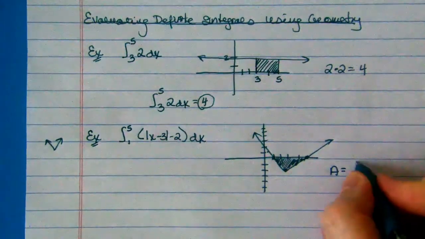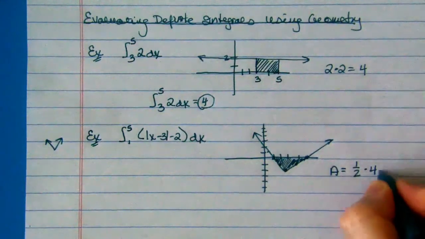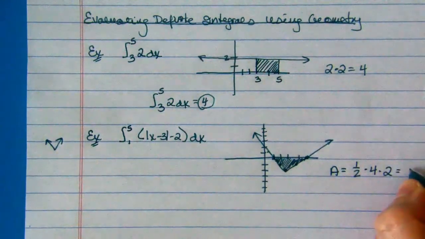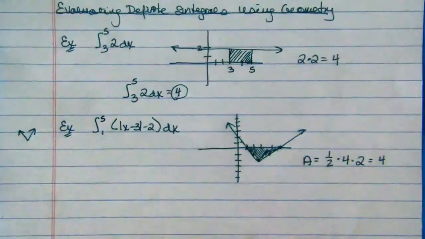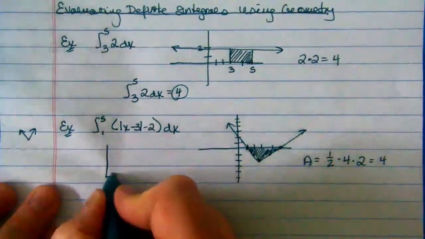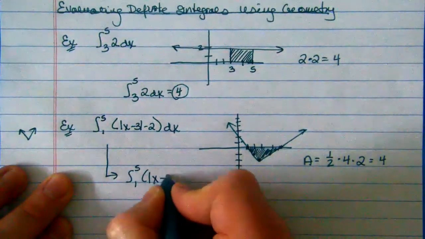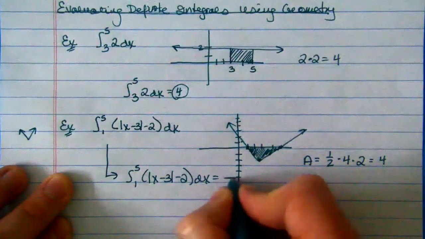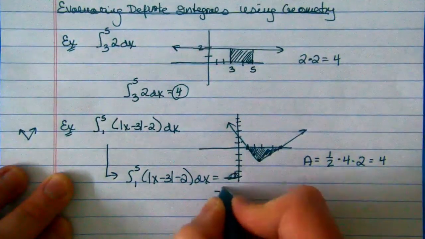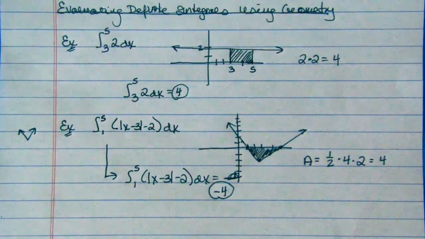Area of a triangle is 1/2 base times height. 1/2, my base is 4, my height is 2. You're going to get an area of 8/2. You're going to get an area of 4, which means my definite integral, because it's not area, it's signed area, is just going to be -4. Negative because we're below the x-axis, 4 because that's the area of our triangle.